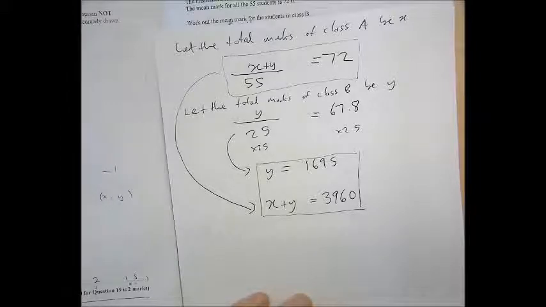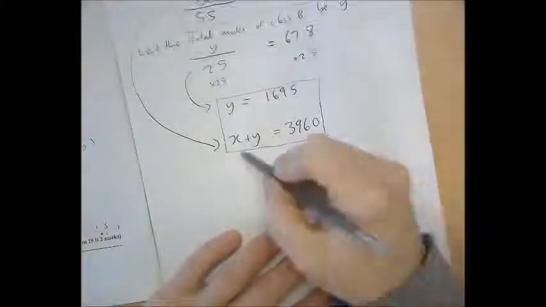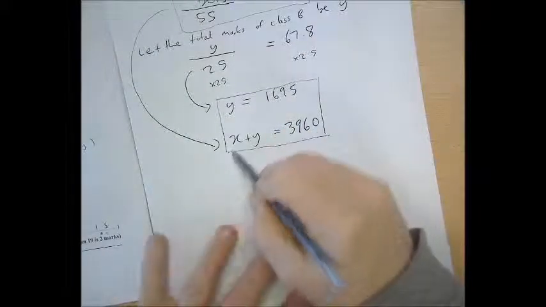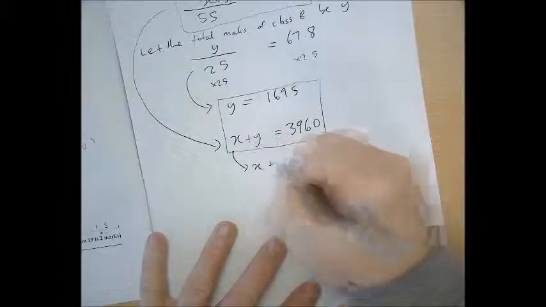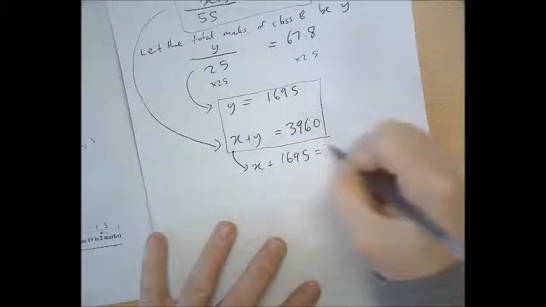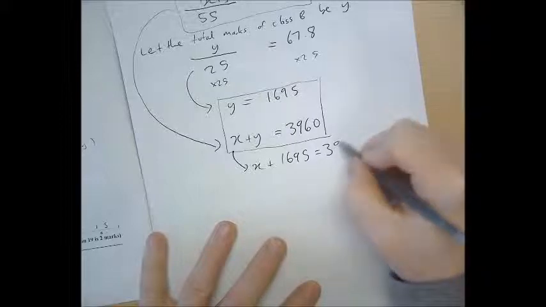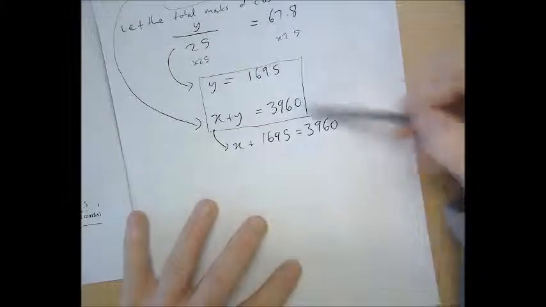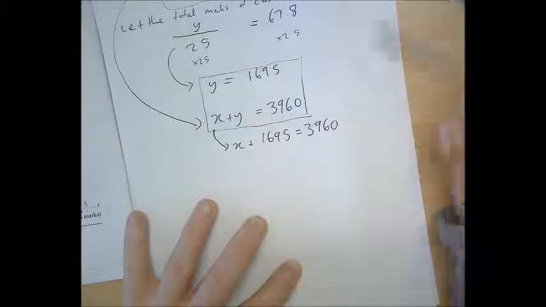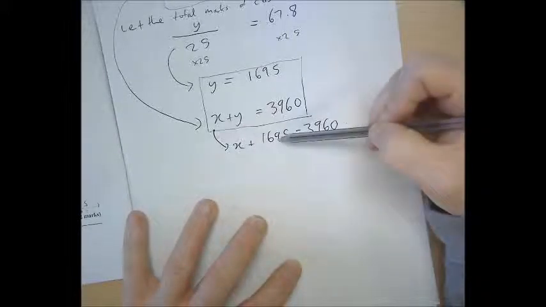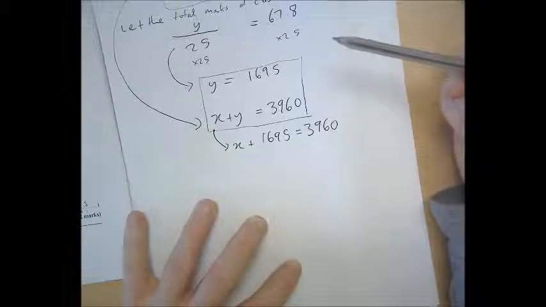Alternatively, you just say that this, even though I just put this in a box because I was so proud of it, it's not nearly as good as this. That is just a direct rewrite. Look, that's been copied, that's been copied, that's been copied, the plus has been copied. The only change is that Y has become 1695. What justifies that? Y is 1695.